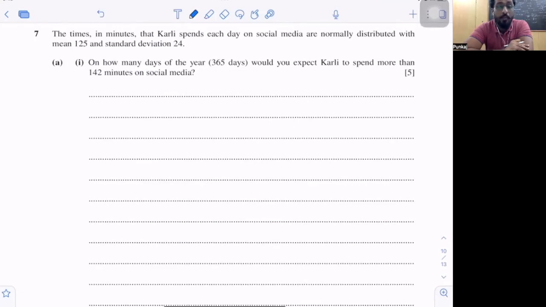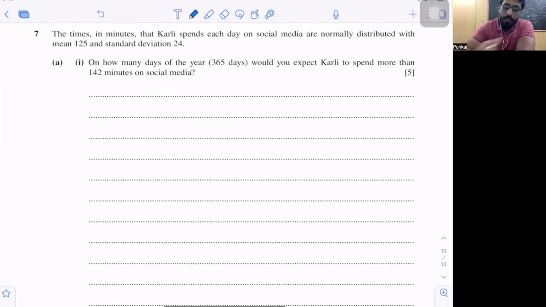If a random variable is distributed normally, then in general, it is a continuous random variable. Of course, for a discrete random variable also, you can have normal distribution, but most of the time a normal distribution is used for a continuous random variable.